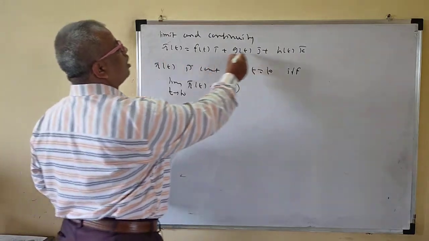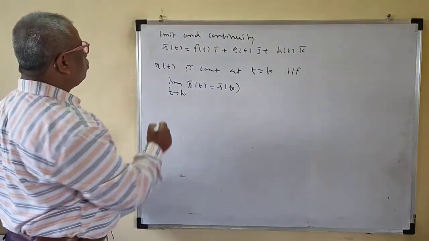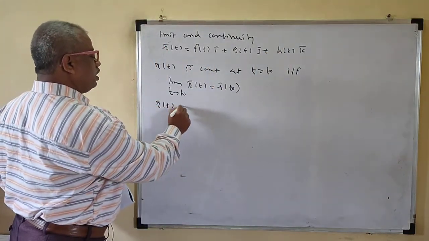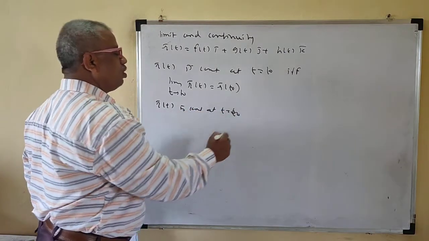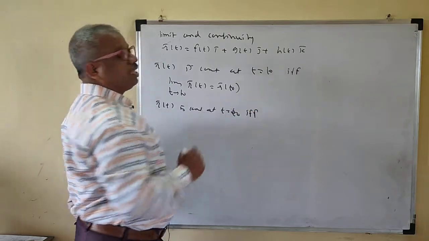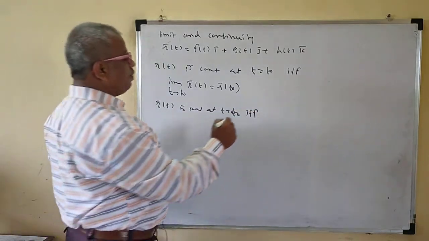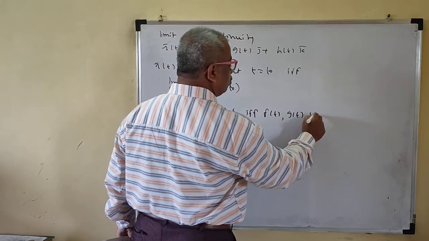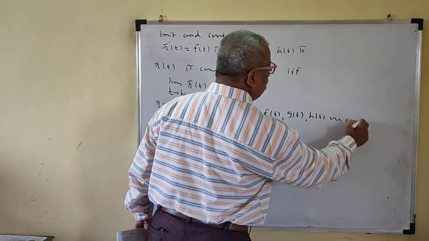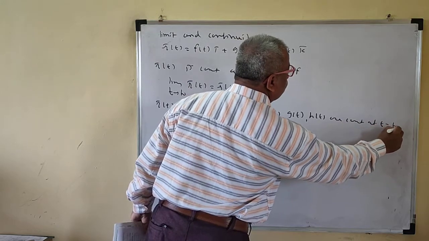Now if your r bar of t is this, therefore r bar of t is continuous at t is equal to t naught if and only if f of t, g of t, h of t are continuous at t is equal to t naught.